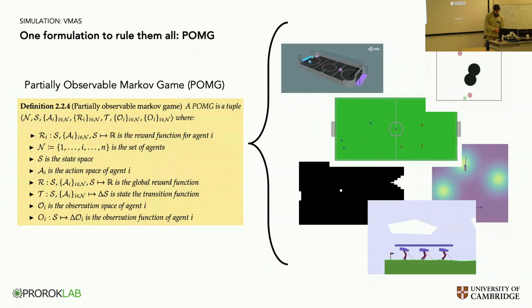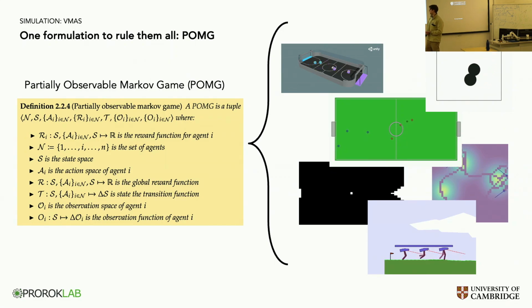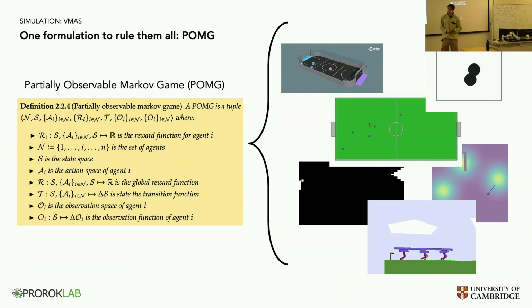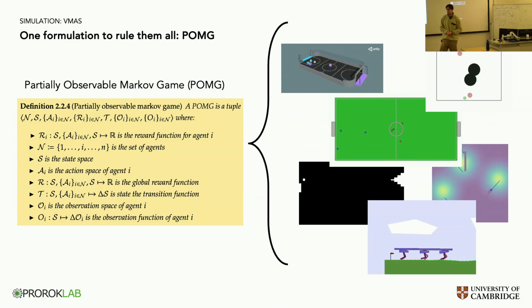This formulation is quite general, right? We have seen that every other formulation, like the Dec-POMDP, is a partial case, a specific case of this POMG. So really, it can simulate a lot of types of games. And here you can see some types of games, or scenarios, you can simulate. When designing a simulator, ideally you want to be able to simulate any POMG.